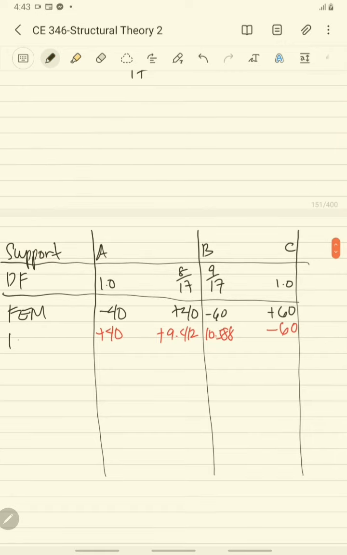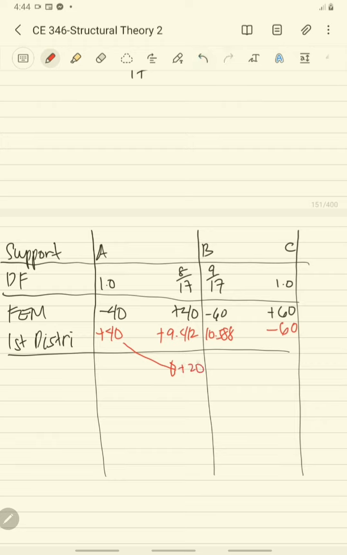Then after our first distribution, we will carry over 1/2 of the moment with the same sign to the other end of each span. So for the 40, we will carry over 1/2 of 40 to the other span, to B, A. So this is positive 20, having the same sign.